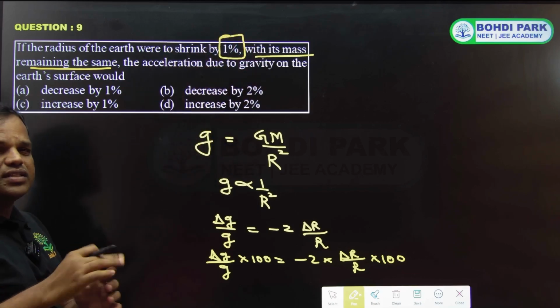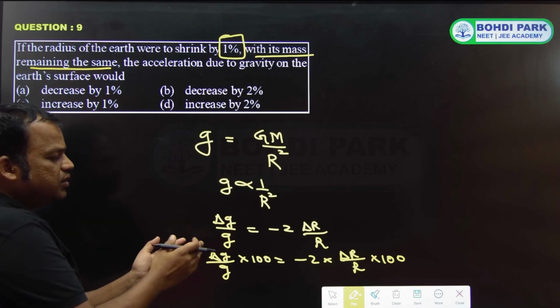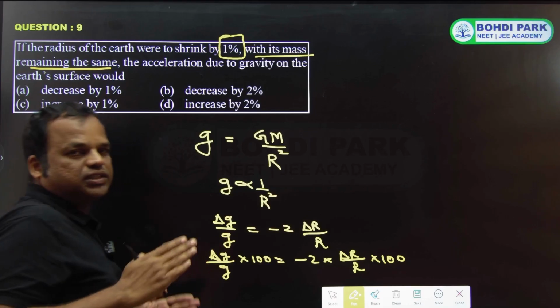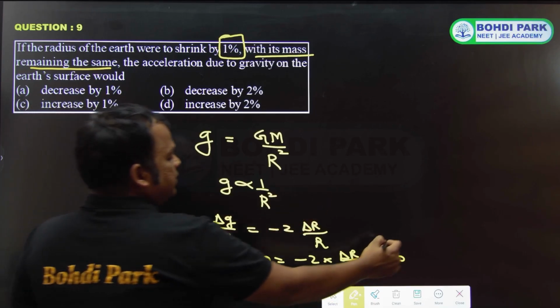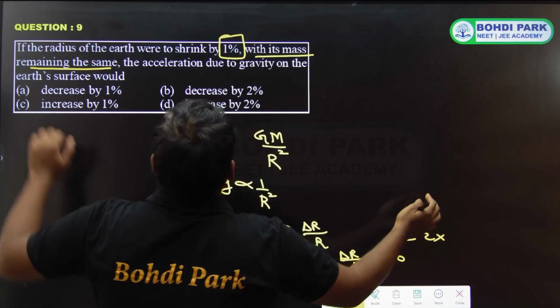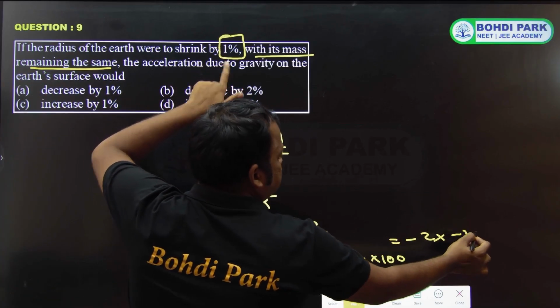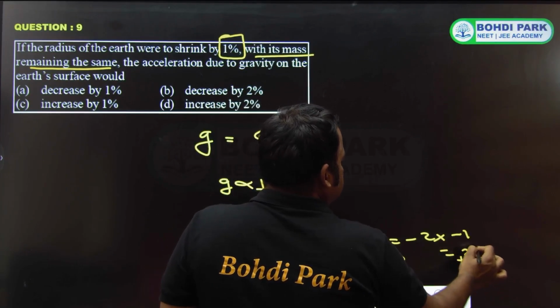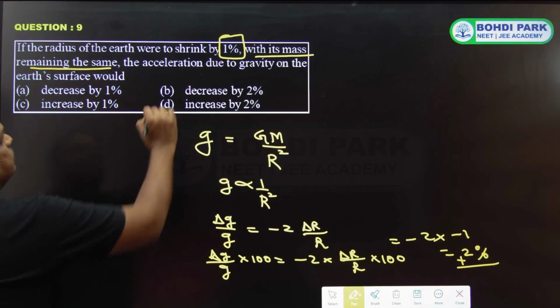So if it is less than 5% or less than 10%, we can use this error formula for a small percentage change. So this is the percentage change in gravity, and that is equal to minus 2 times percentage change in radius, which is minus 1%. So it will be plus 2%. So gravity will increase by 2%. D option.